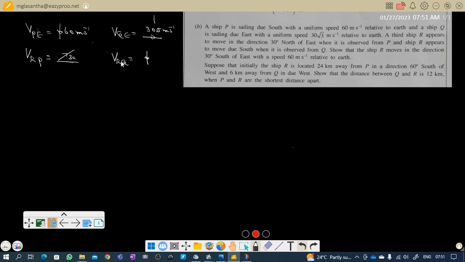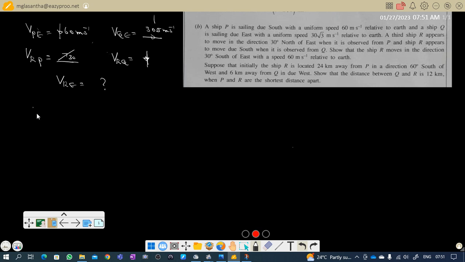That means when R is observed from Q, it moves due south, right? These are the information given. Using this information, you have to find the velocity of R relative to Earth, VRE. This is important, right?